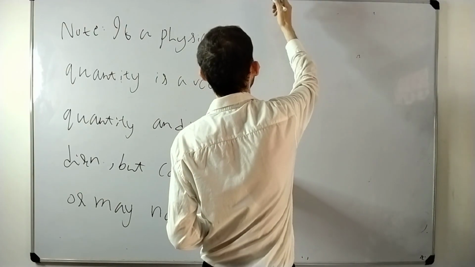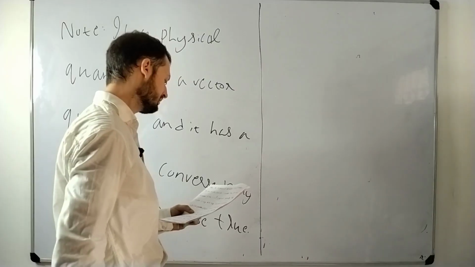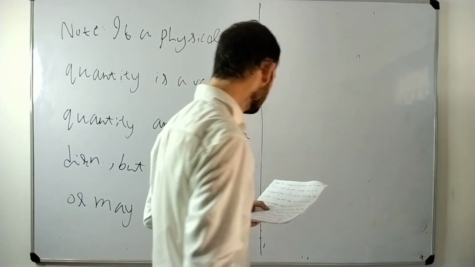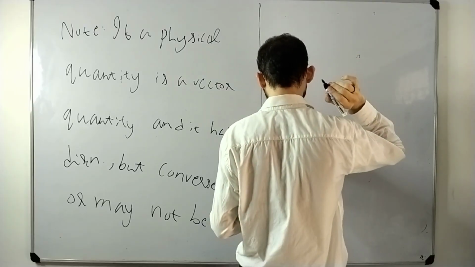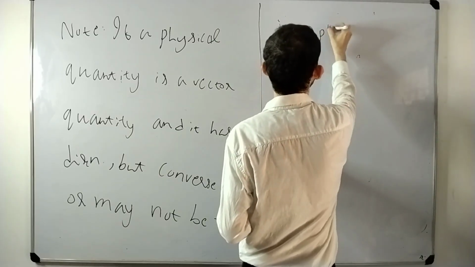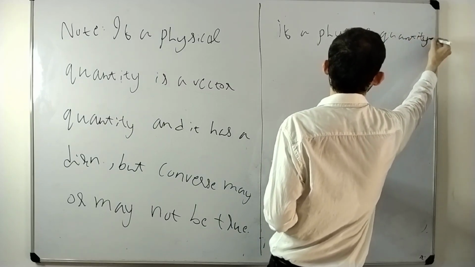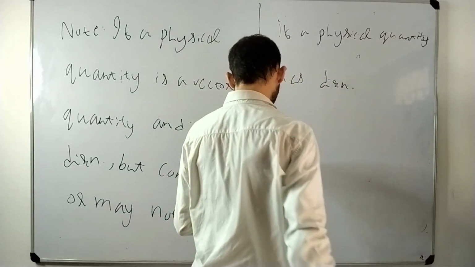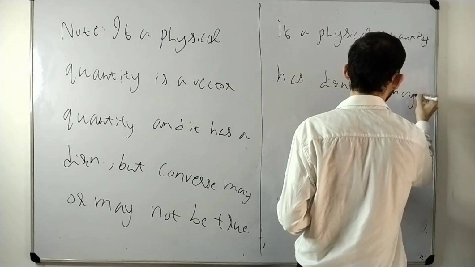Time has a direction, it moves forward, but it is not a vector. But sir, time is one thing. No, there are other quantities also. If a physical quantity has direction, it may or may not be a vector.